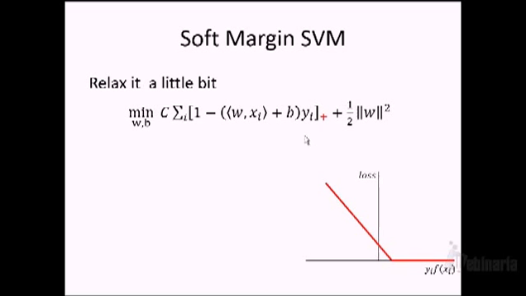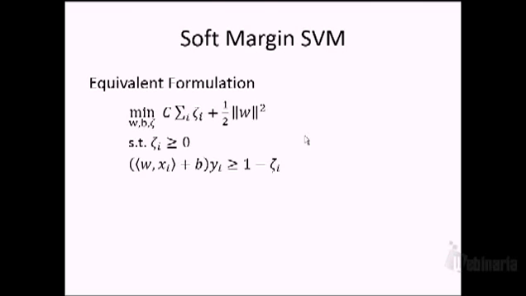Once you get into the margin, there's some penalty that increases the more you get into the margin. So this is a loss function view of soft margin support vector machine, but it's also equivalent.